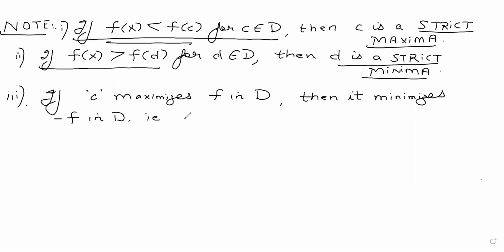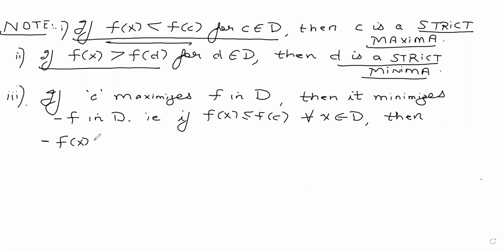That is, if f of x is less than or equal to f of c for all x belonging to the domain D, then minus f of x is greater than or equal to minus f of c for all x belonging to the domain D. Now, what is the third point telling you?